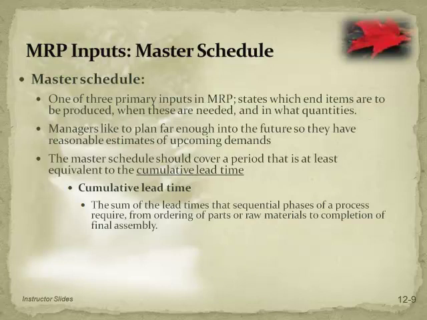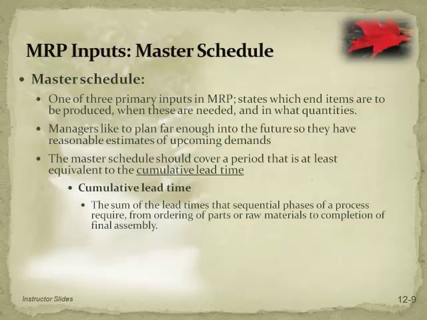And of course, the master schedule is going to not only have the quantity that is needed, but it's also going to have the time in which these are needed. So the master schedule could consist of forecast demands, and it could also have built within it actual customer orders where customers have already placed orders for our particular product.